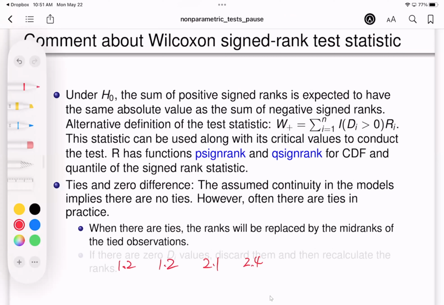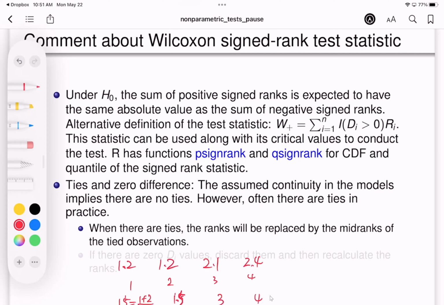If we are going to rank them, originally we would think that this is 1 and 2 and 3 and 4. 1 and 2 are actually for the same value, 1.2. Since they are for the same value, we're going to take the middle between the ranking of the two. So 1 and 2, we're going to use 1 plus 2 divided by 2 for its rank. In this case, it gives us 1.5 as the rank, and this one also gets 1.5 as the rank. And this one still gets 3, the other one still gets 4.